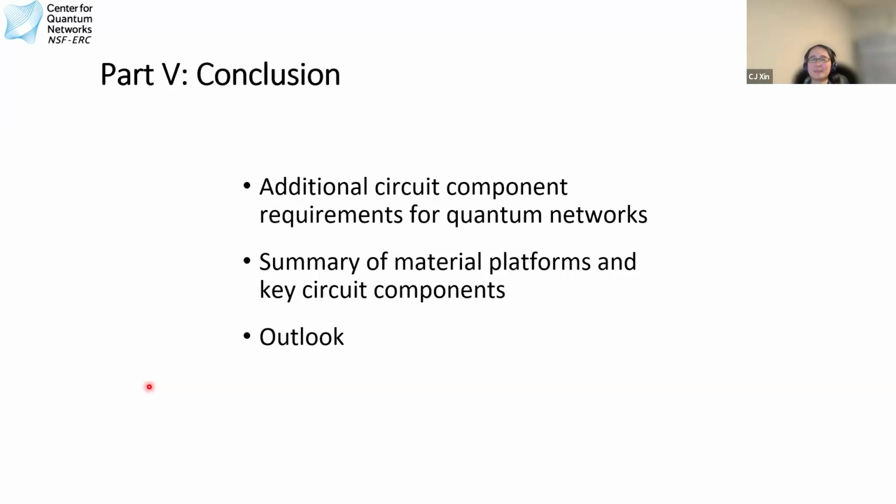One that kept coming up is that sometimes you need to convert particular frequencies by quite a large amount, like from visible to telecom or vice versa. Let's say you insist on using quantum dots or existing mature color center vacancies.